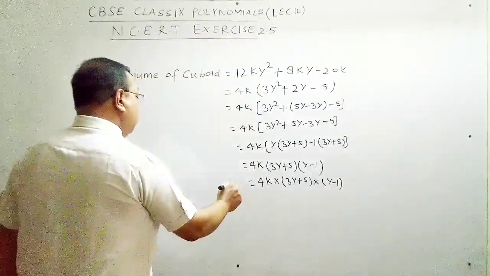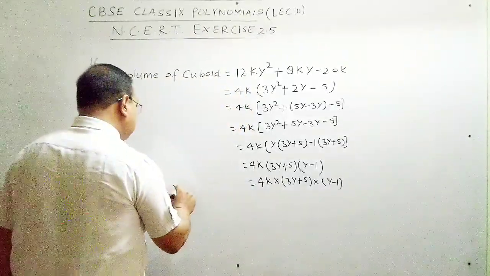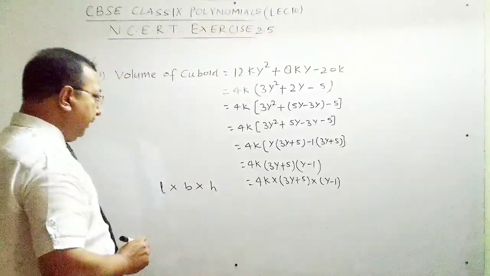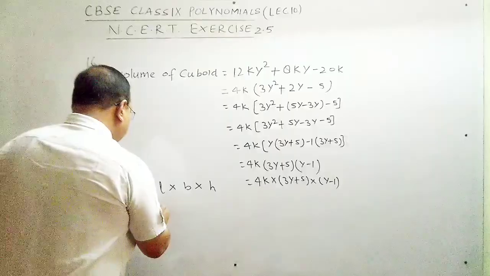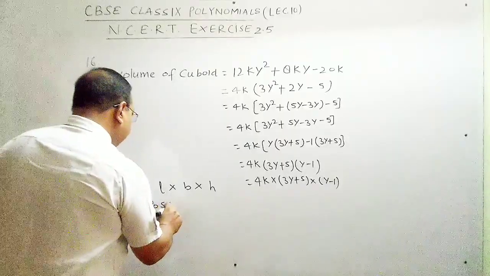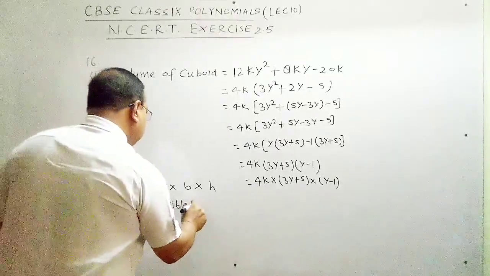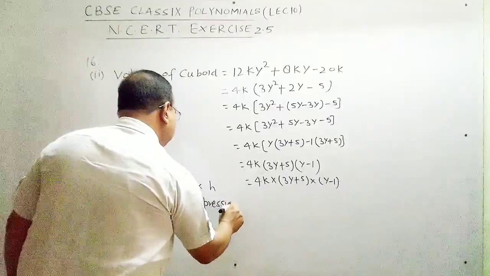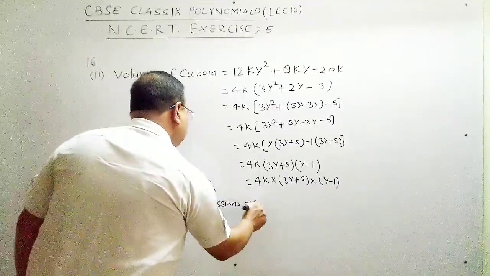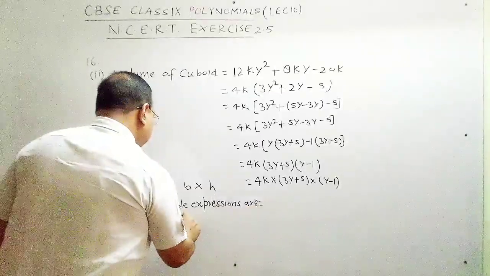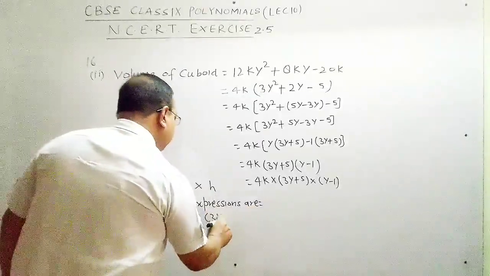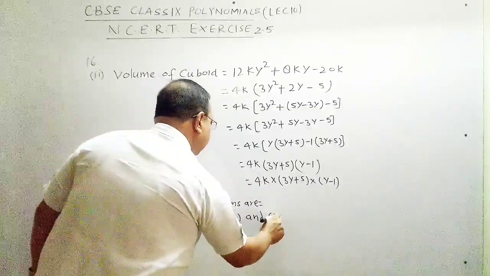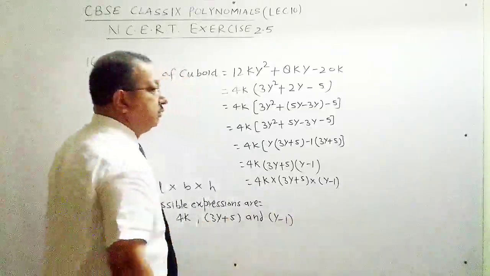And you know that volume of cuboid is length into breadth into height. So possible expressions are 4k, 3y plus 5 and y minus 1.